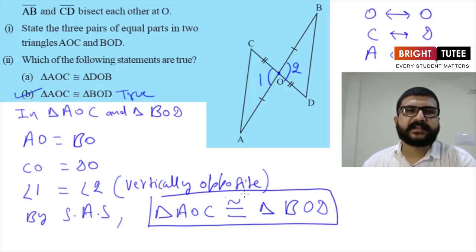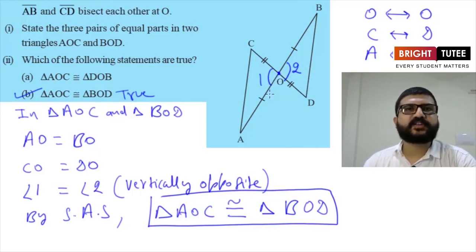So in this session we have learned one more congruency criteria, and that is SAS. How we can use SAS and when we can use SAS? We can use SAS when two sides of one triangle are equal to two sides of the another triangle, and the angles included between these sides should also be equal.